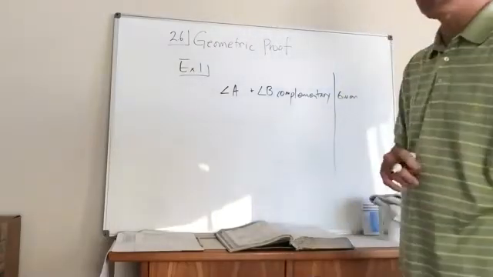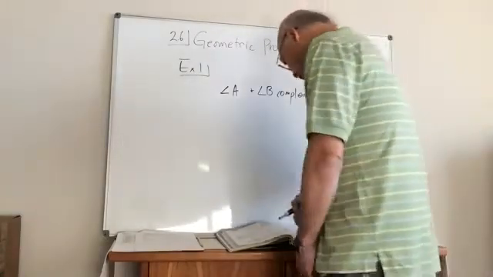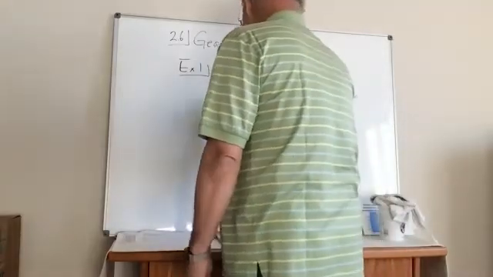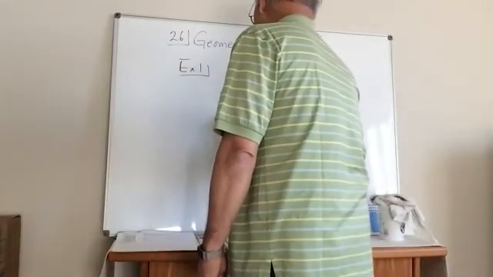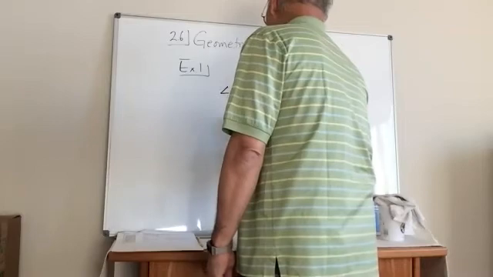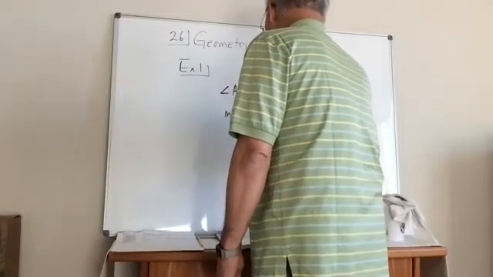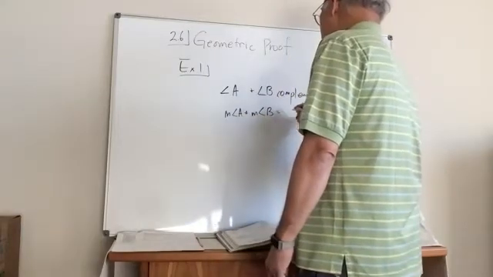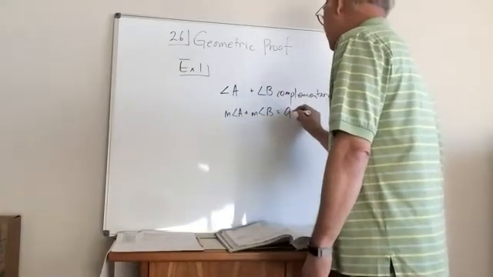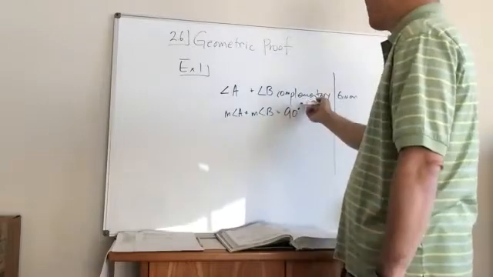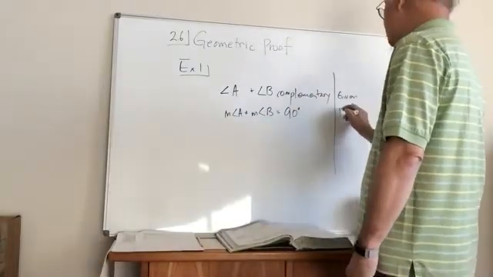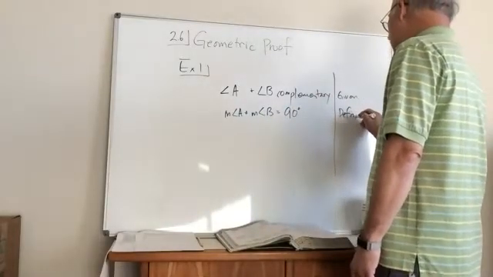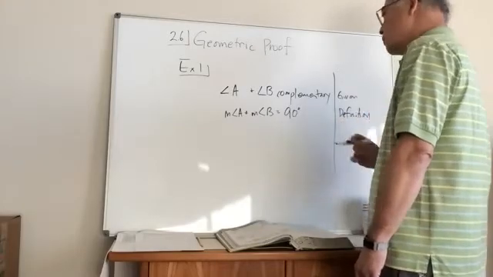It was given in the question. And then since this is true, the angle measure A plus the angle measure B is going to be 90 degrees, right? That is the definition of complementary. So this is a definition.